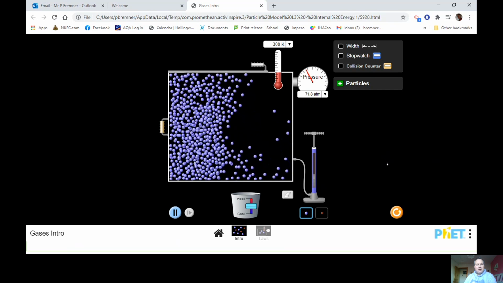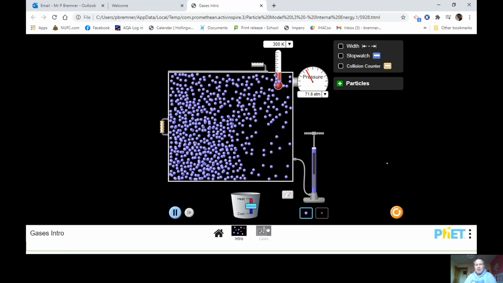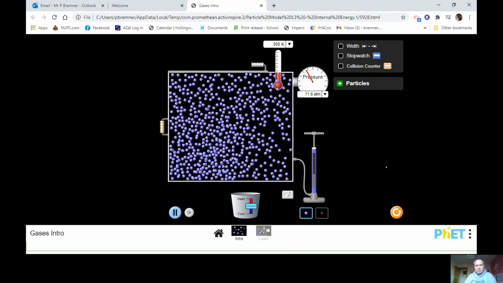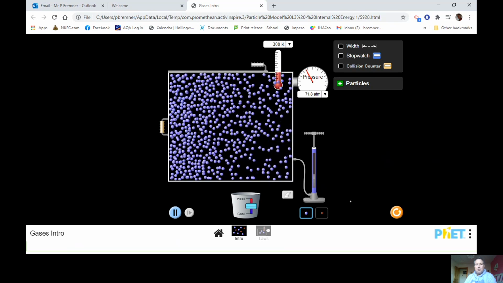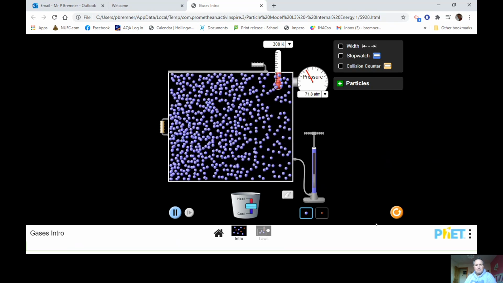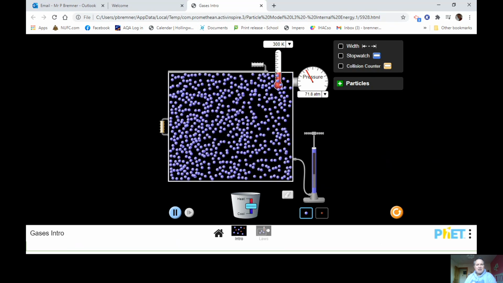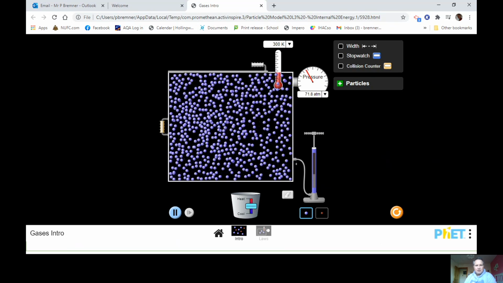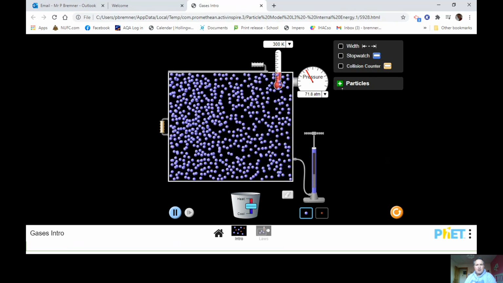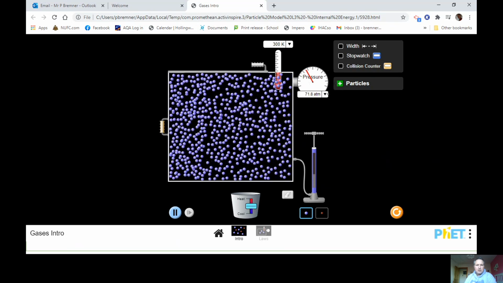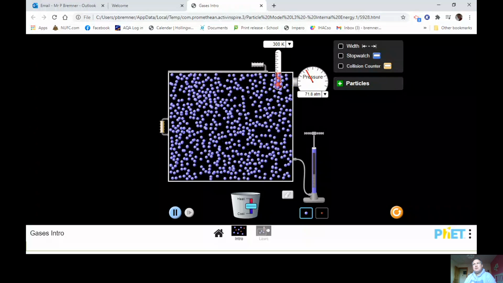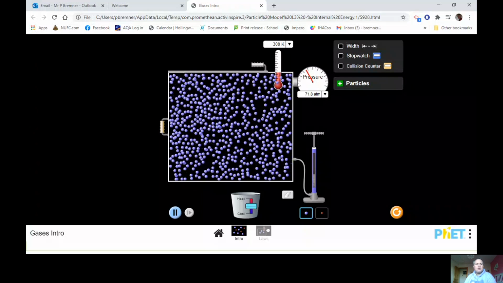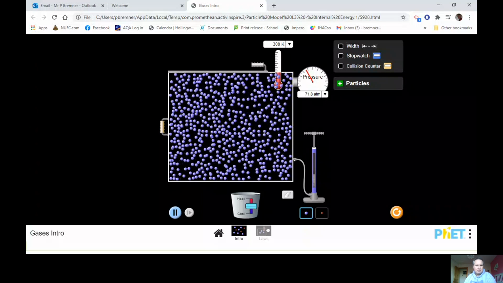Let's pump some gas particles in and we can have a look at the pressure they cause. This simulation shows how the gas particles move around in all directions all the time. When they hit the side of the box that they are in, they cause gas pressure. I can see the pressure reading here is 71.8 because the gas particles are hitting the side of the box.